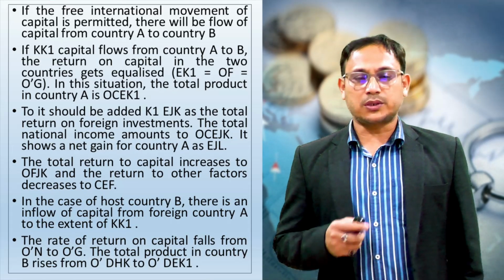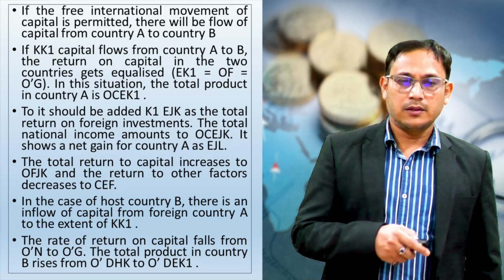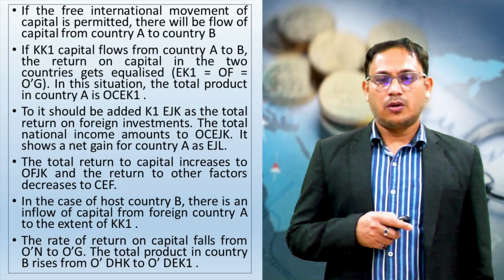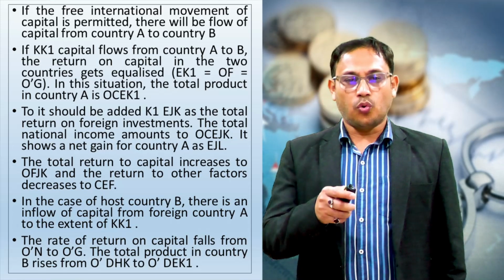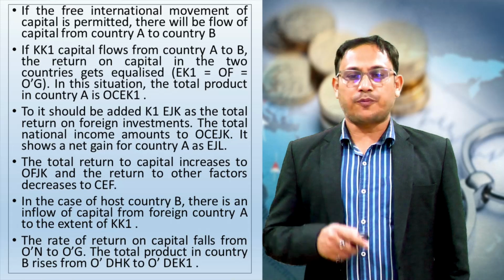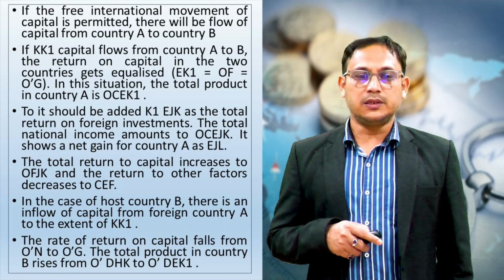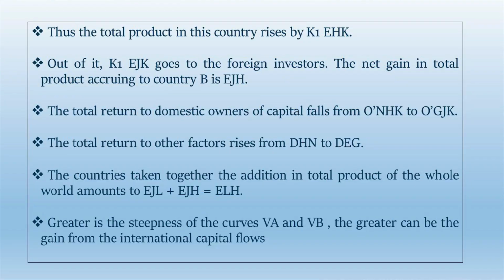So in the case of the host country, that is B, there is an inflow of capital from foreign country A to the extent of KK1. So the rate of return on capital falls from ON to OZ. So the total product in country B rises from ODHK to ODHK1. Thus, out of this whole transaction, the total product in the country rises by K1EHK.